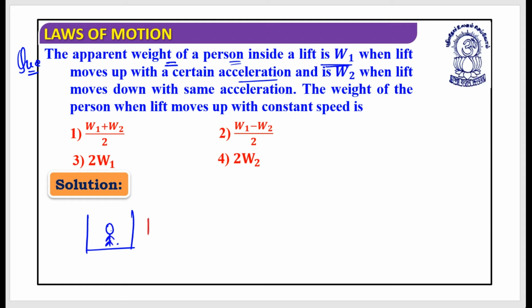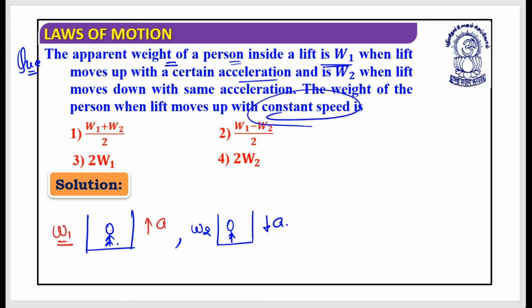This lift is moving in the upward direction with acceleration A1, and in this situation it measures the apparent weight as W1. Now it is W2 when the lift moves down with the same acceleration. Acceleration would be the same, so no need to write A1, A2. But now it is moving in the downward direction with acceleration A, and it reads its weight as W2. This is the second case. The weight of the person when the lift moves with constant speed.